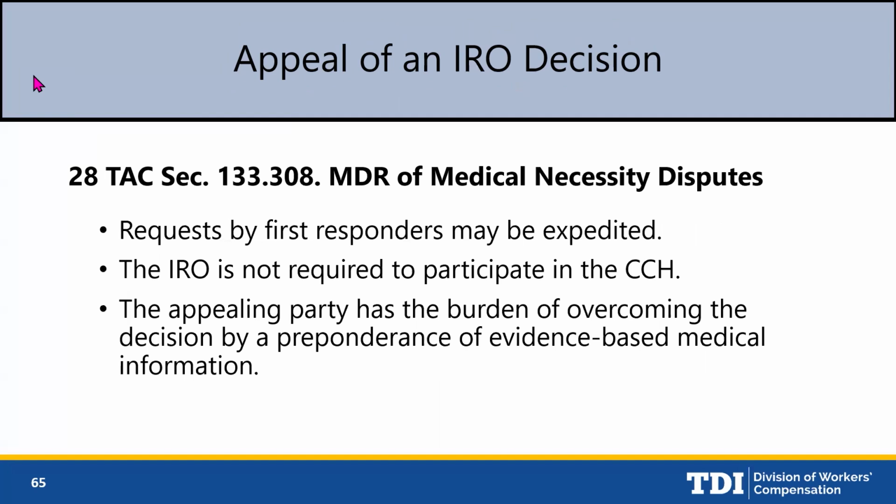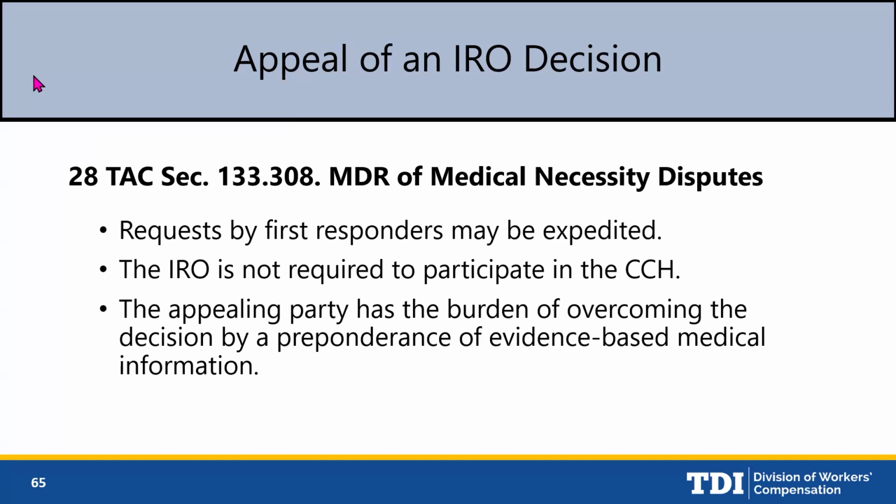The appealing party, so if you're the doctor that's gone all the way to the IRO, and every step of the way the carrier has said, no, we don't think it's medically necessary, you have the burden of proof of overcoming that decision of the URA and the IRO with a preponderance of evidence-based medical information.